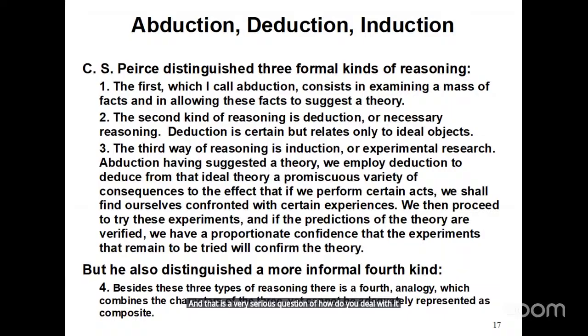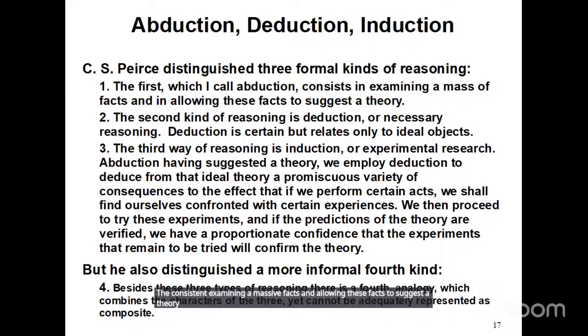Now, Charles Sanders Peirce distinguished three formal kinds of reasoning, and he used the terms deduction and induction, which had been used for years, but he coined the new term abduction. And abduction consists in examining a mass of facts and allowing these facts to suggest a theory.